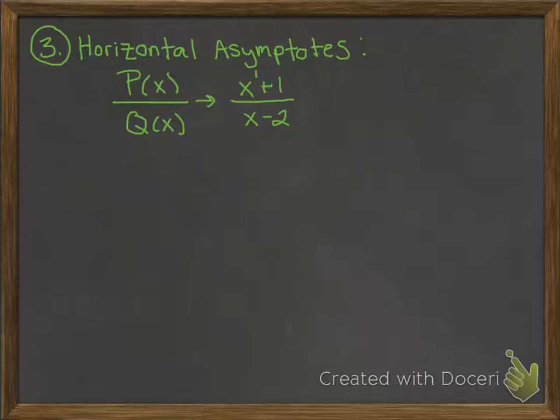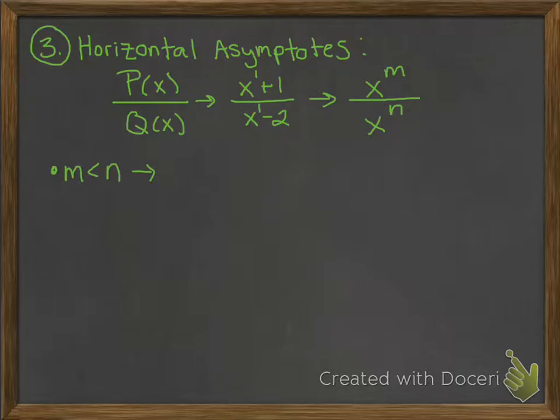In the denominator, I have the same exact thing. So whatever the largest exponent in the numerator is, we are going to denote that as m, and whatever is in the denominator, we're going to denote its exponent as an n. So the properties for horizontal asymptotes are all based around the comparison between m and n. So let me show you.